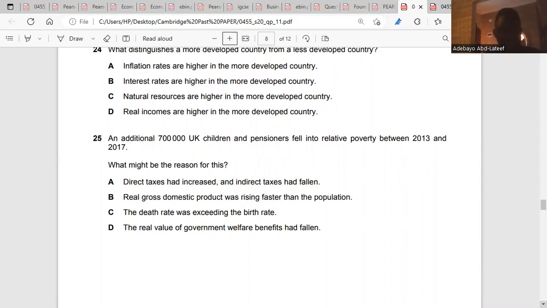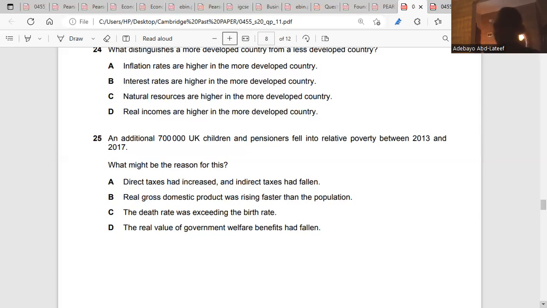Is it clear? So here, what would cause relative poverty to occur? Relative poverty would occur if the government reduces the benefits they give, because pensioners and children have social benefits. Children and pensioners are economically inactive.